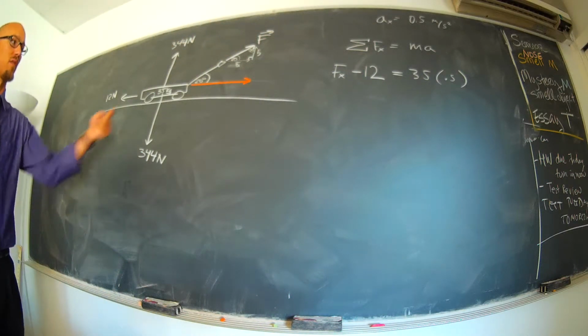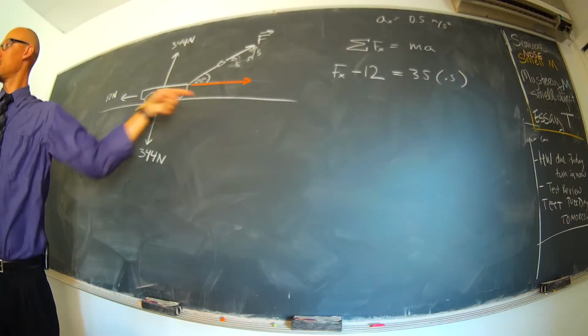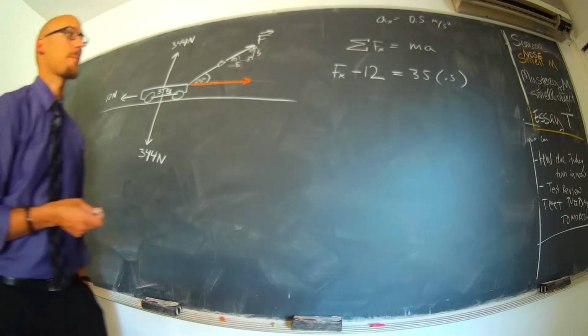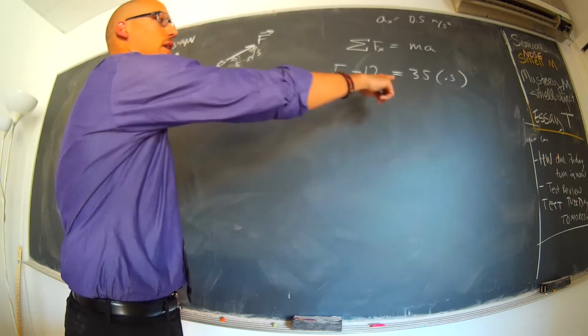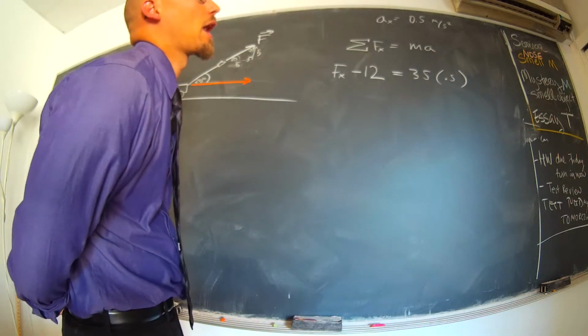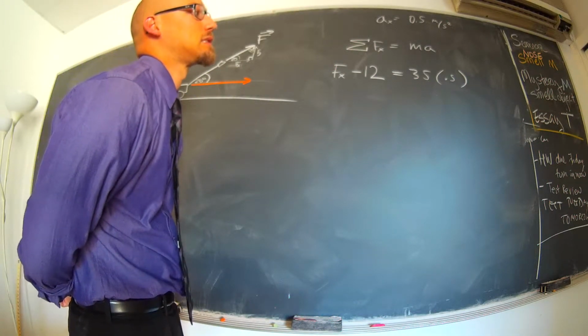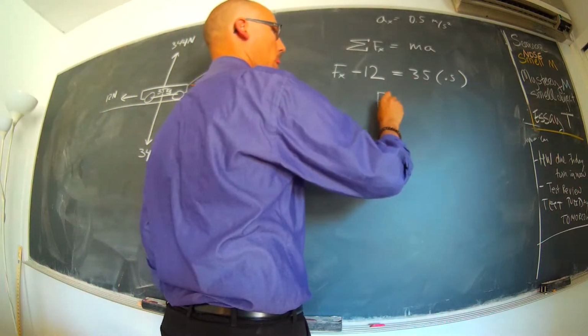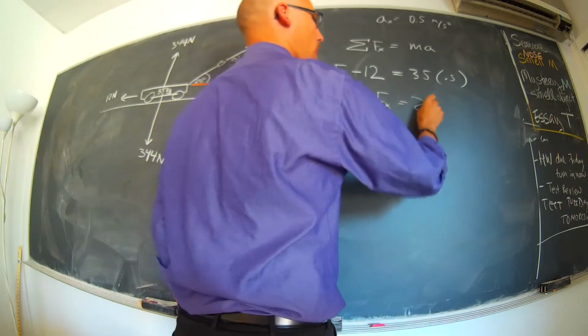So we can solve for Fx, plus 12. It's 29.5.